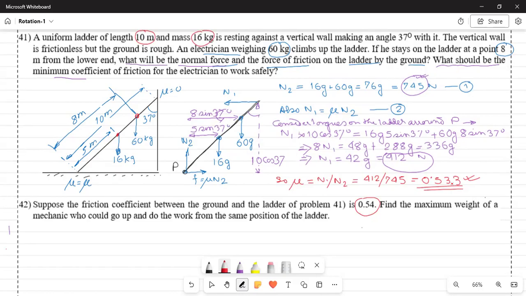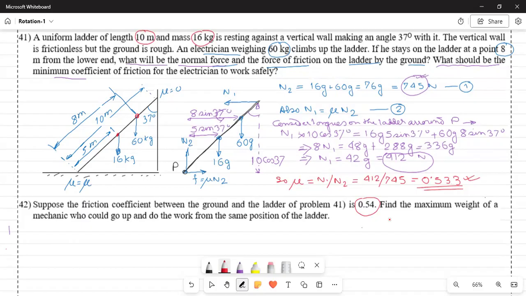So in order to stop the ladder slipping down, two things can be done. One is, we can tell the electrician, do not go so high up. So you don't go up by 8 meters. You remain a little lower and do your work. Or we can replace the electrician by a thinner person who is not 60 kg, maybe who is 40 kg.